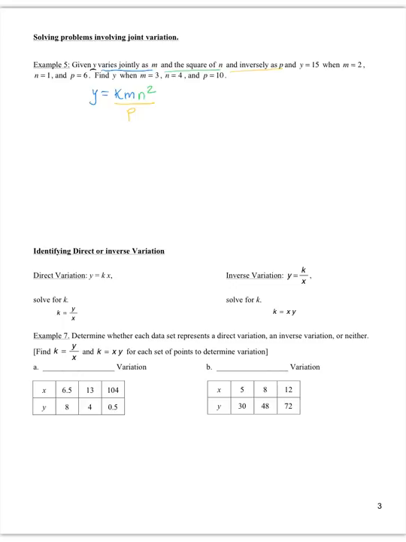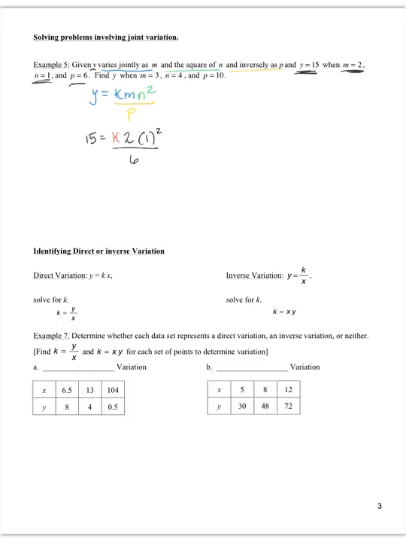Now let's substitute in what we know. We know that when y is 15, k is that constant of variation that we don't know, and when m is 2, n is 1, and that's to be squared, p is 6.